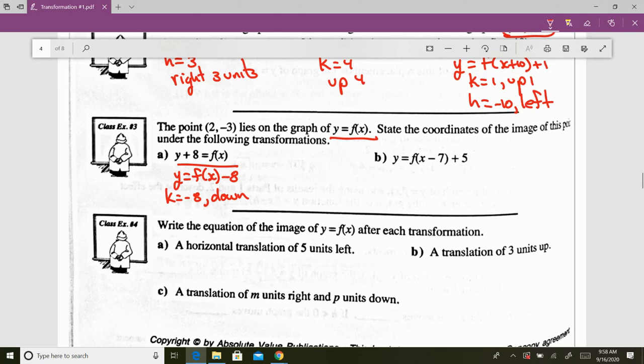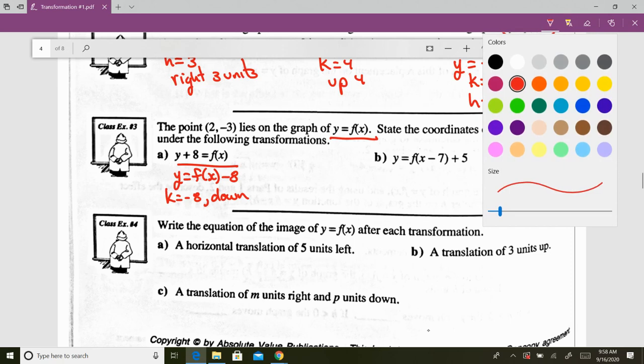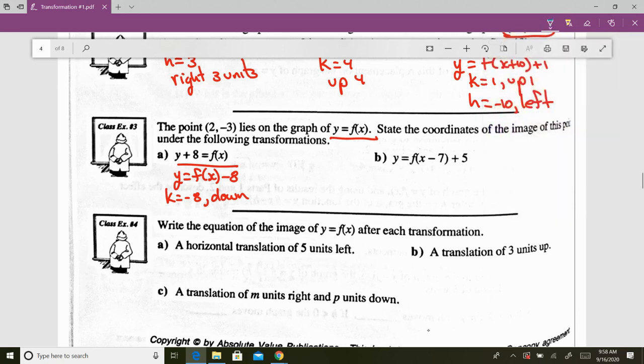The Y value, right? So if we start at this point, which one is X and which one is Y? 2 is X and Y is -3. So this K only affects the -3. And we'll do it graphically and then we'll do it algebraically. So if I'm sitting at -3, well, it's a bad drawing, whatever.